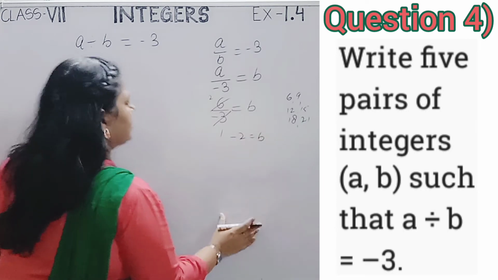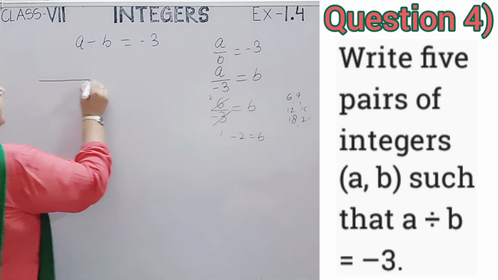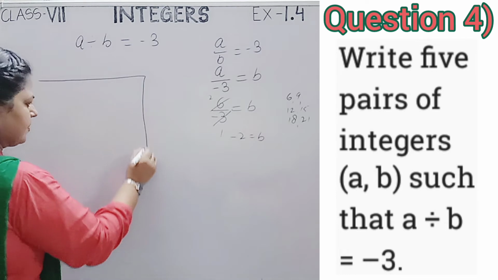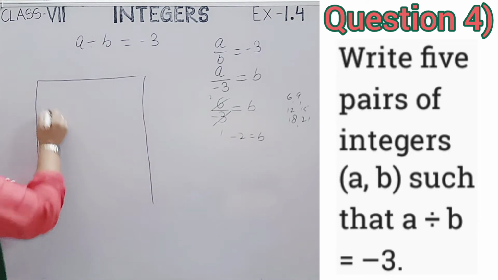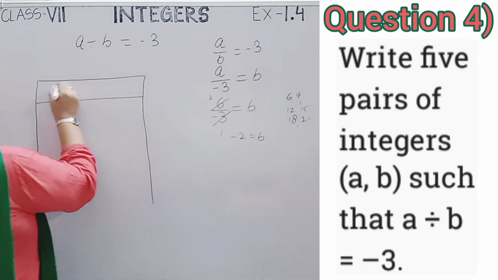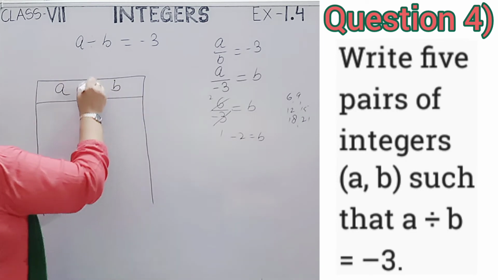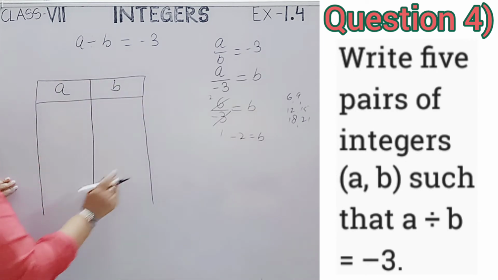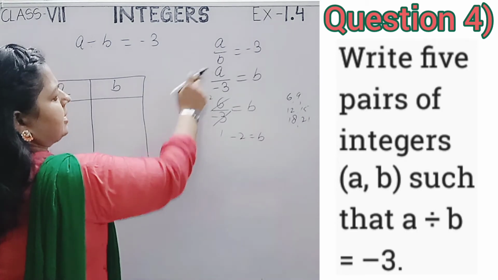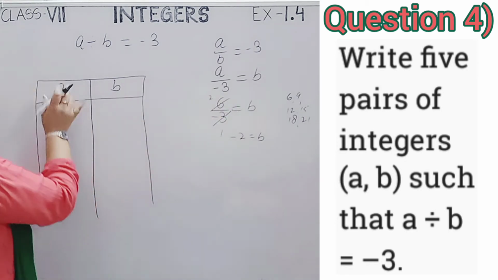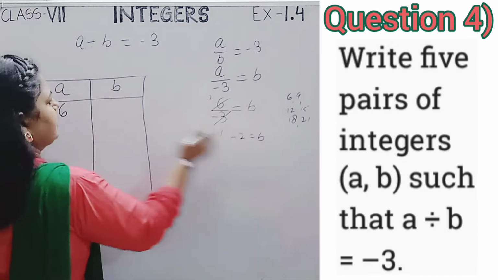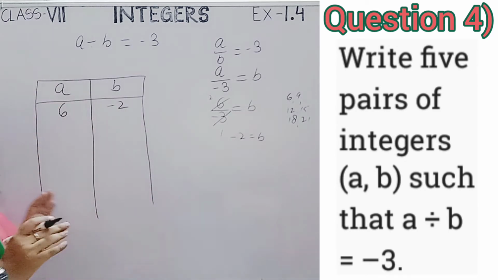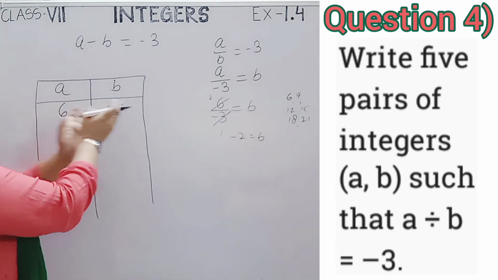So here we can make a table, A, B. First I took A as 6. If I took A as 6, I got B as minus 2. It means the first pair is 6 and minus 2.